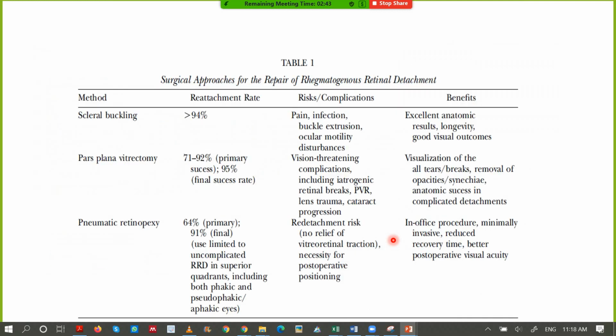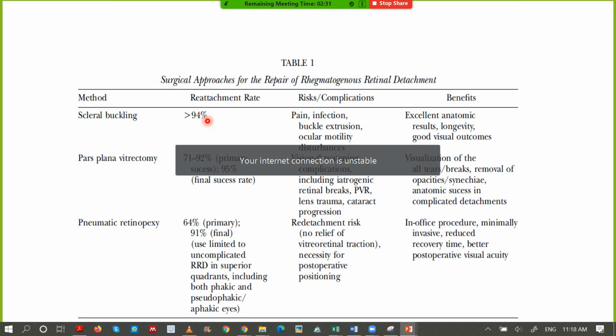Okay, so these are the different approaches and the rates of repair of retinal detachments. We notice that scleral buckling has a higher success rate for retinal detachment.